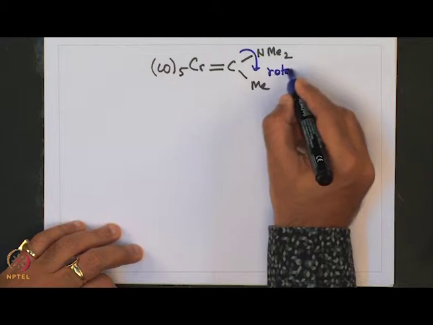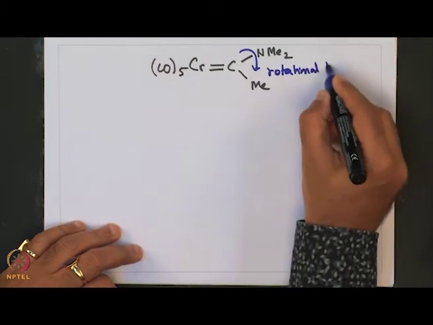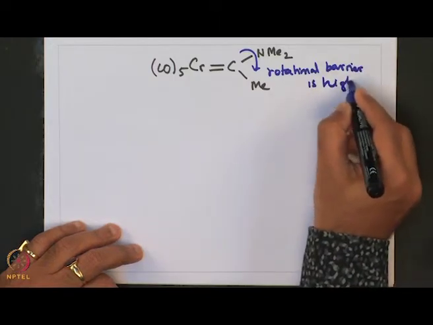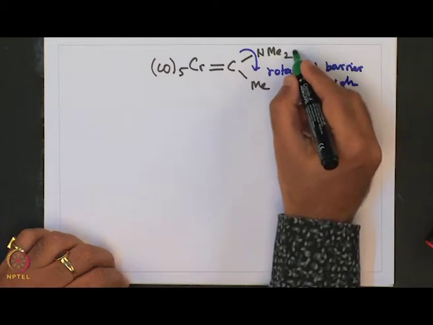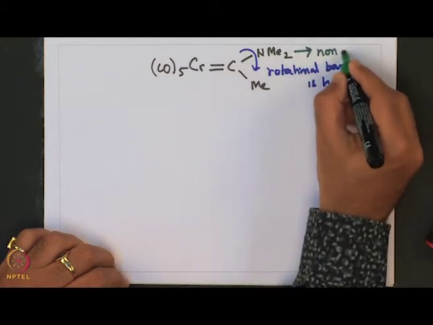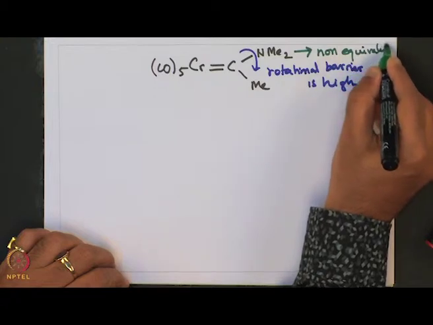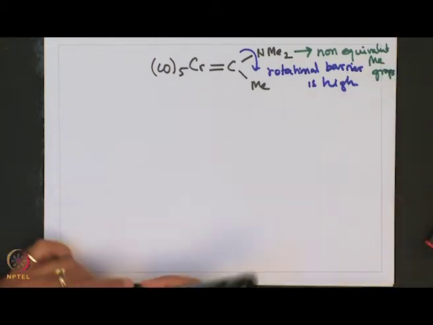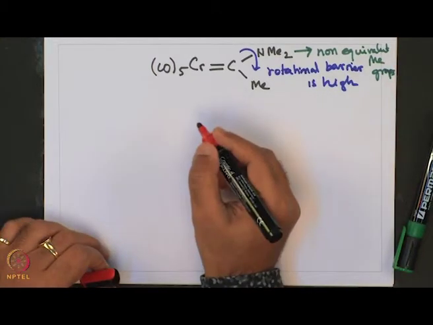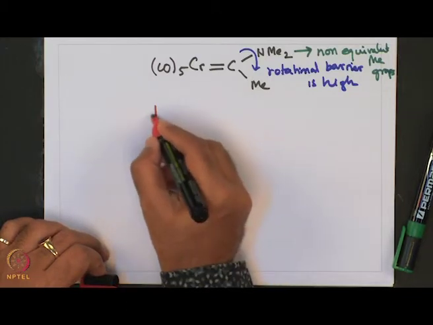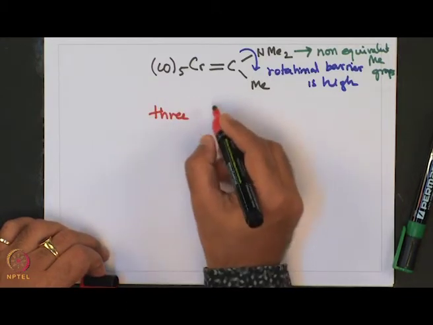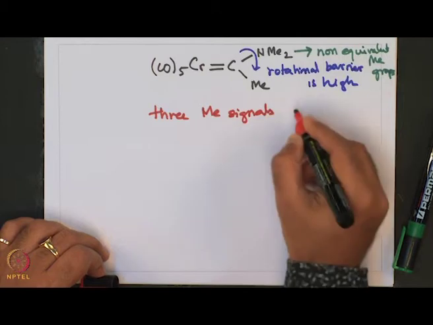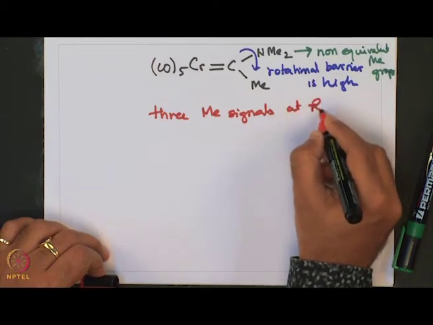The rotational barrier is high, as a result, these methyl groups are non-equivalent, and which gives rise to three methyl signals at room temperature.